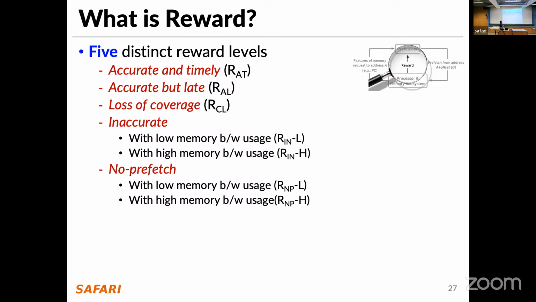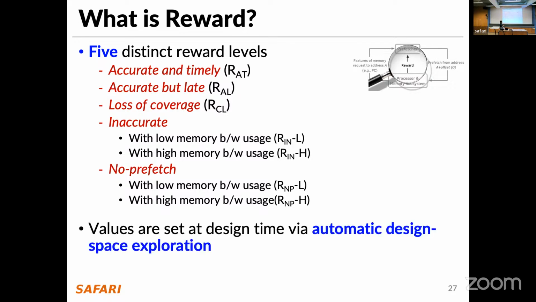Each reward level is essentially a value that we set by some automatic design space exploration at design time itself. Setting these values gives Pythia some sort of objective to chase.